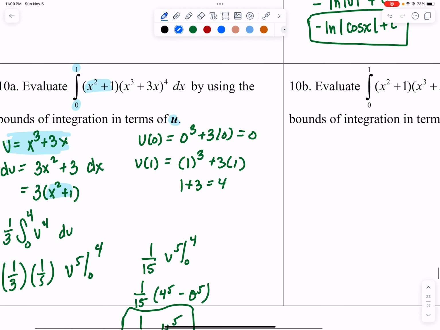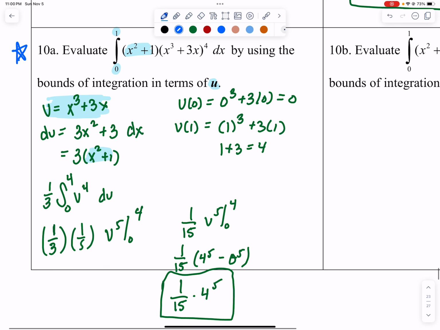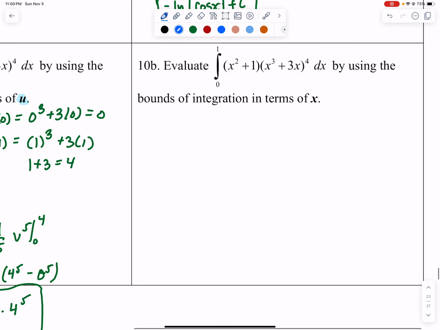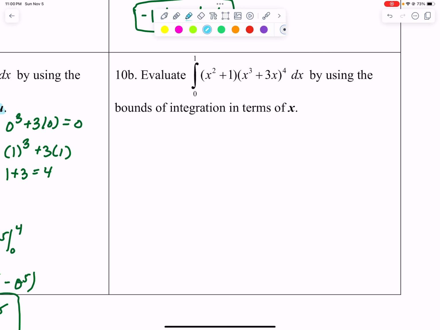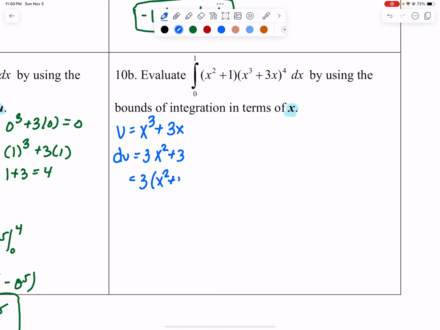Now, number 10b is going to be the same thing as 10a. We're going to get the same answer. However, we're still going to use my bounds of integration in terms of x. So what does this mean? Well, we're still going to have u being x cubed plus 3x and du being 3x squared plus 3, or 3 times x squared plus 1, which then you are going to get 1/3, and then the integral of u to the 4th.